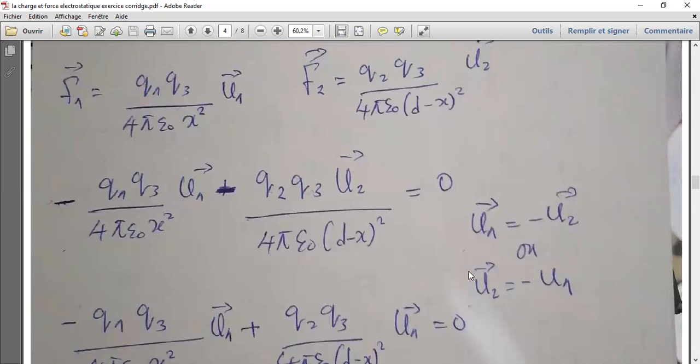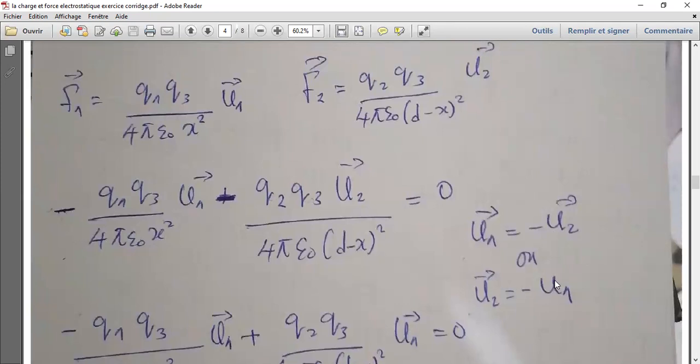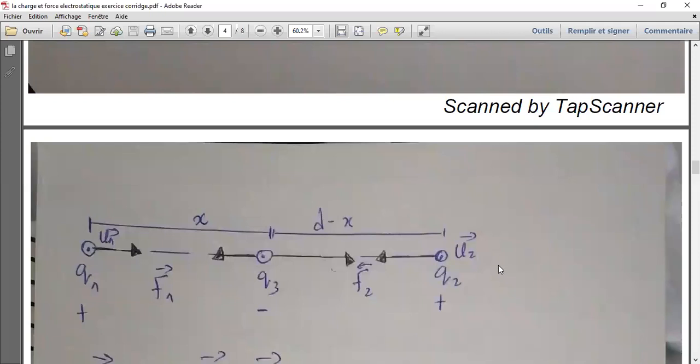In my case, I choose U2 is equal to negative U1, because they are all coming back to the center, and you said that they are in equilibrium.